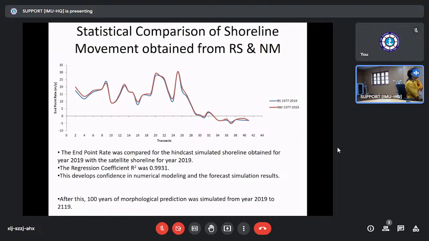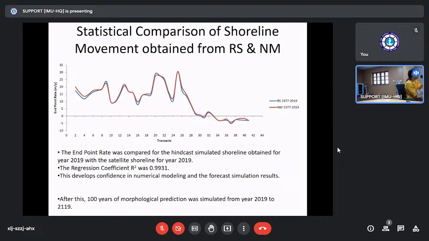Now, in order to have confidence in our model, a statistical comparison was performed between the numerical modeling results and the remote sensing results. Here, the endpoint rate for the hindcast simulated shoreline obtained for year 2019 is compared with the satellite shoreline for 2019, and the regression coefficient has been found as 0.99.